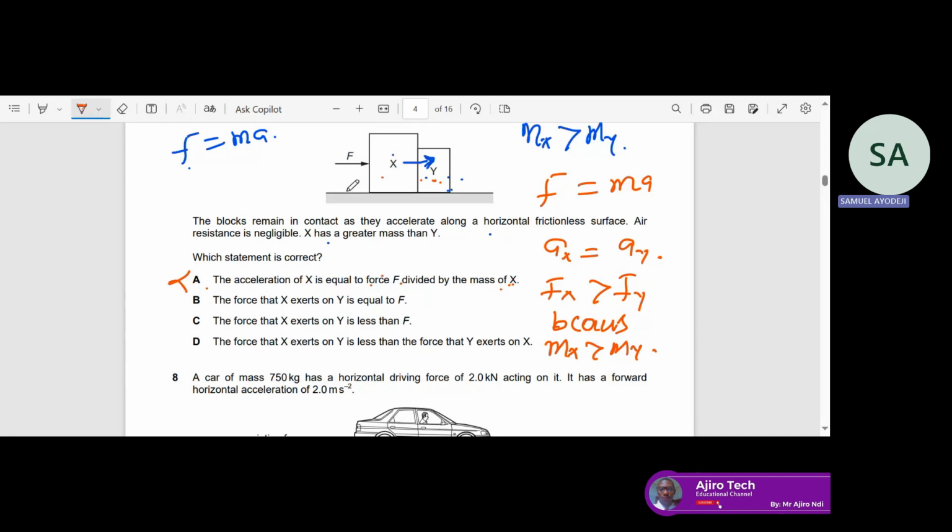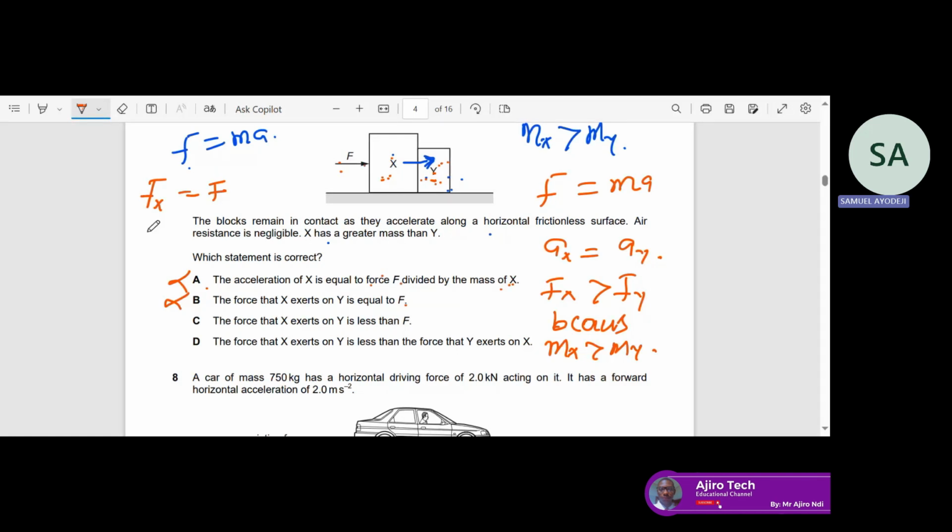So to calculate this, the acceleration of X is the same as that of Y. That means we need to add the masses together for us to apply the force that X exerts on Y. It is not equal to F. Why? Because the mass of Y is less than the mass of X. So the force that X exerts on Y, the force experienced by Y, is less than F. The force on X is equal to F. That's what is happening.